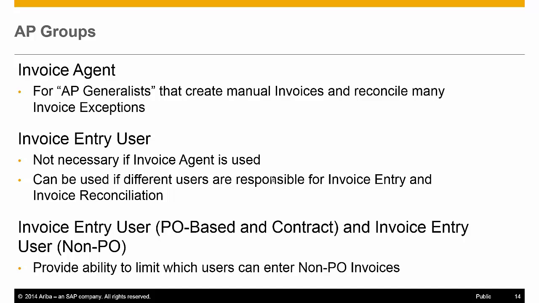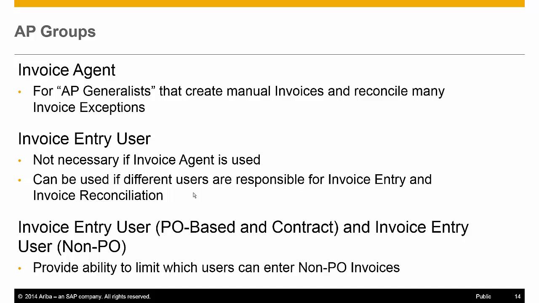The next group is called the invoice entry user. This group is often actually not used because if you are using invoice agent, that is sufficient. It can perform all the same functions. But some customers do have a segregation of duty.